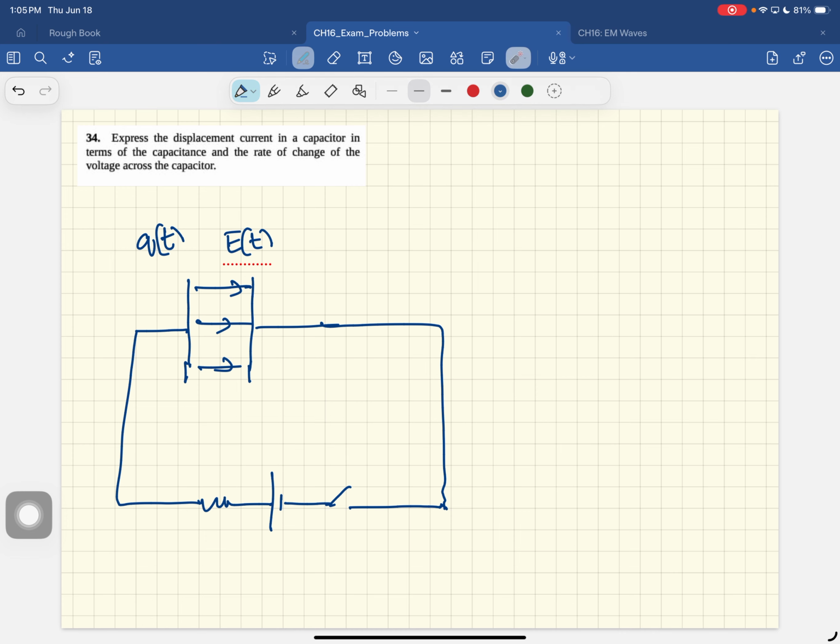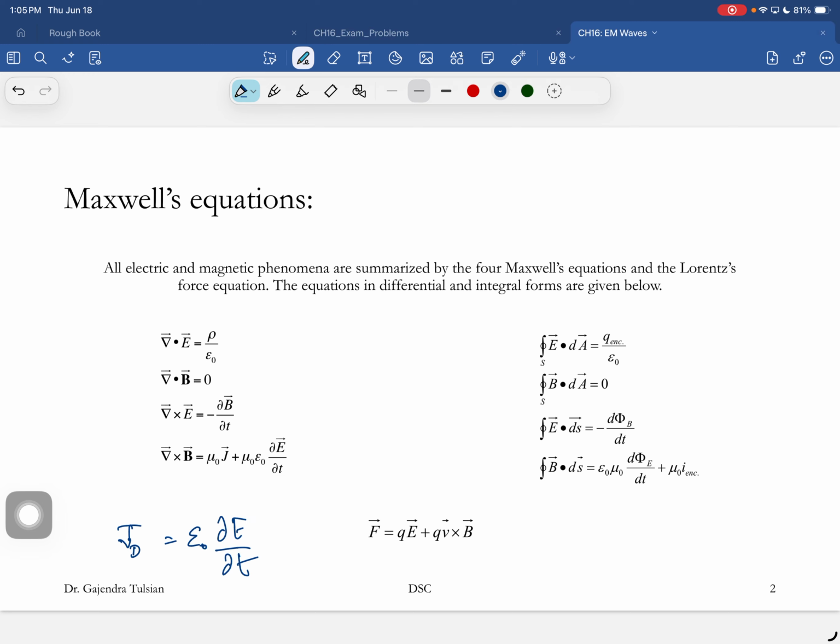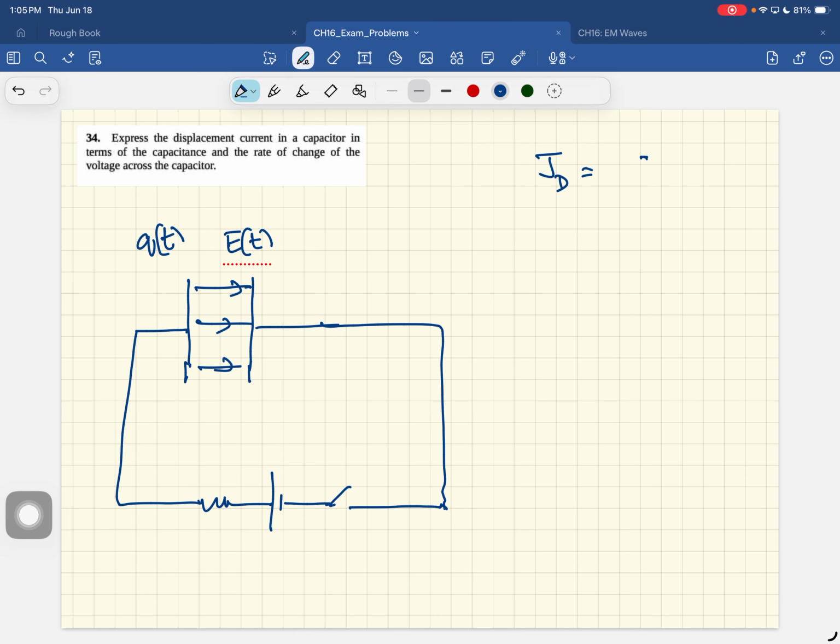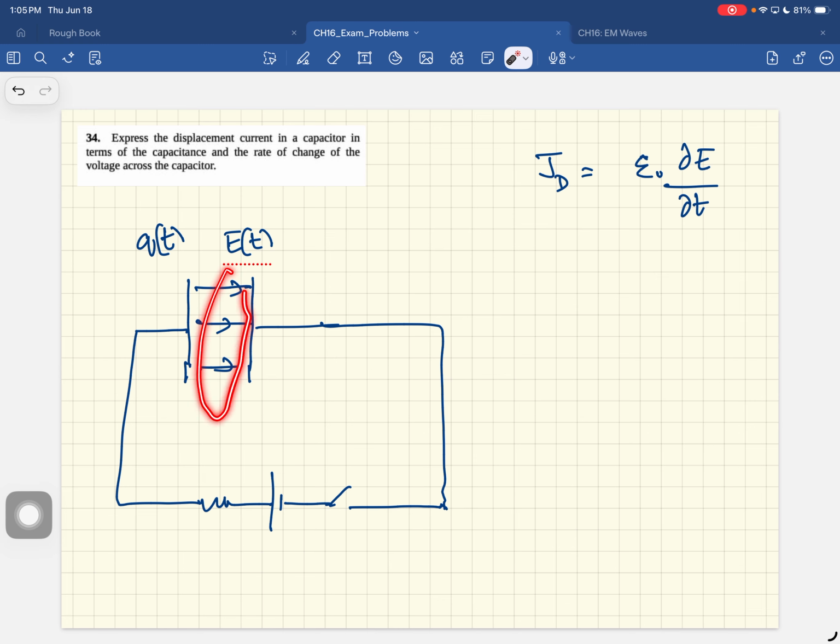Del del T and so JD is that. Epsilon naught.